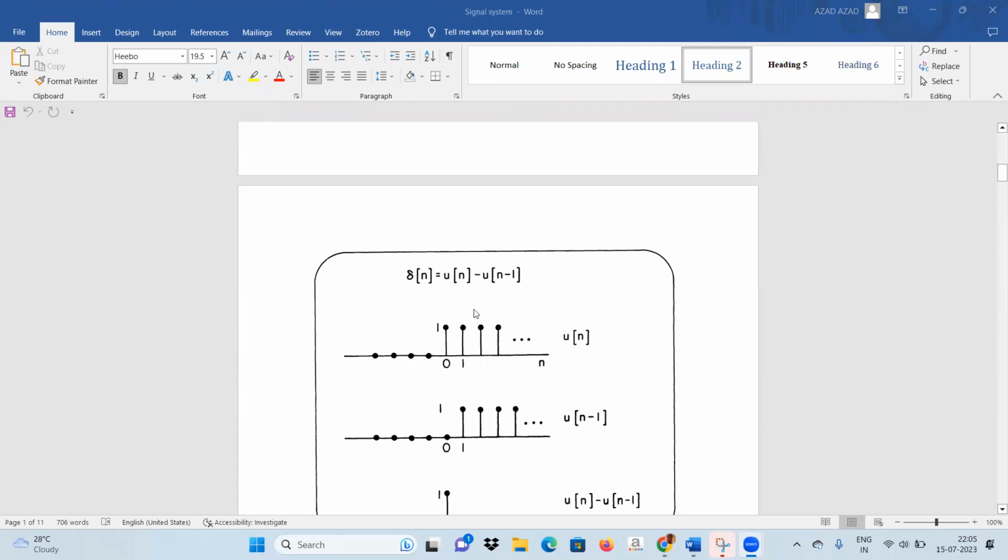Now, a property of the unit step function is here: u(n) minus u(n minus 1) is equal to delta n.